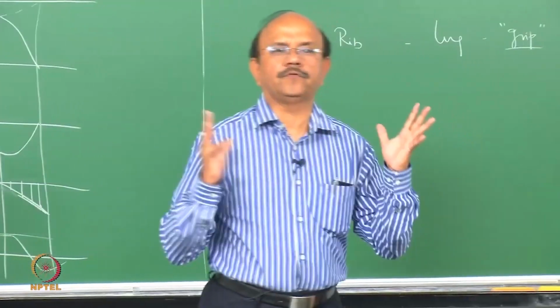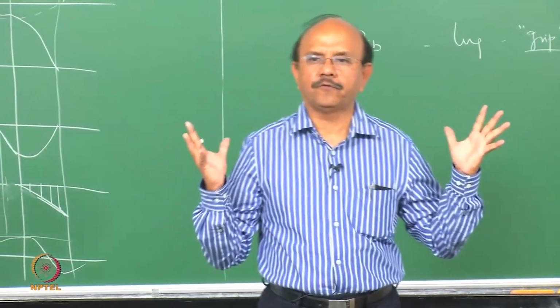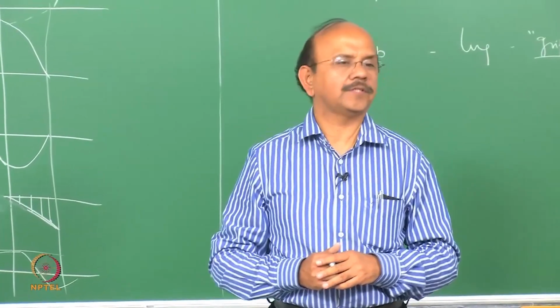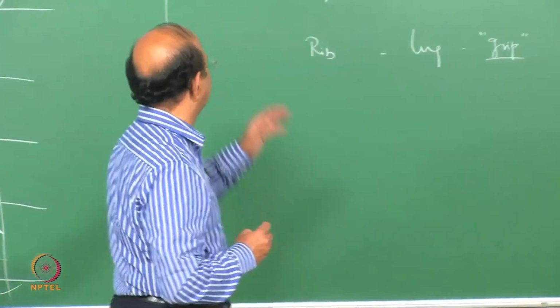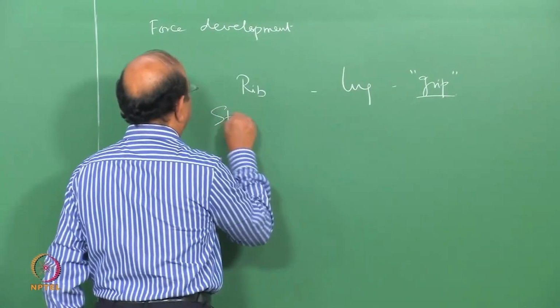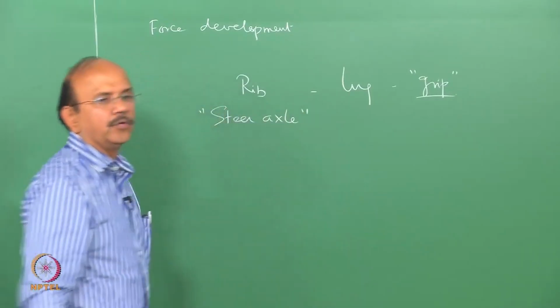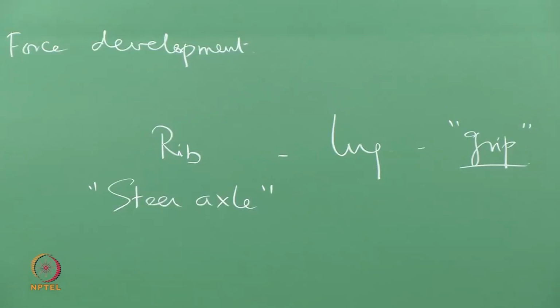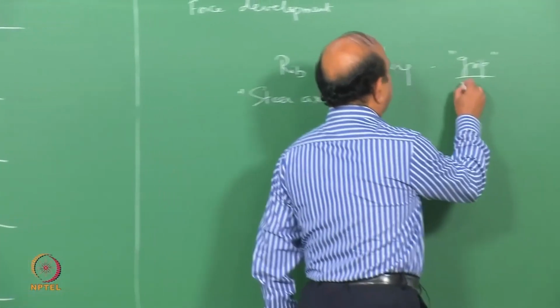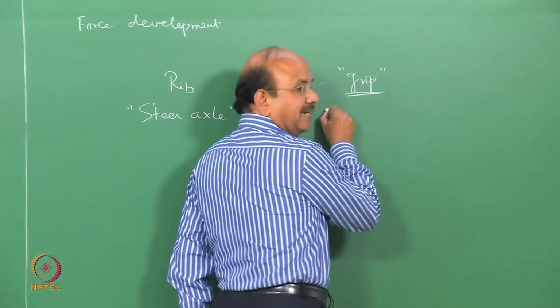If you go to most of the websites of the tire manufacturers, they would call the rib tire a steer axle tire. They would recommend that you use this in the steer axle, and many of them would recommend that these lug tires are used in the drive axle.